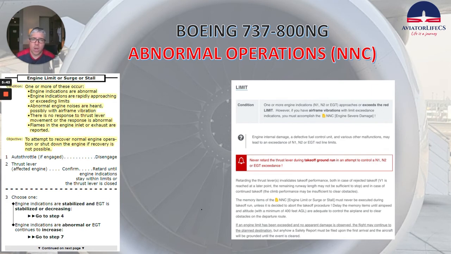However, if you have airframe vibrations with limit exceedance indications, you must accomplish the non-normal checklist engine severe damage. Engine internal damage or defective fuel control unit and various other malfunctions may lead to an exceedance of N1, N2, or EGT red line limits.